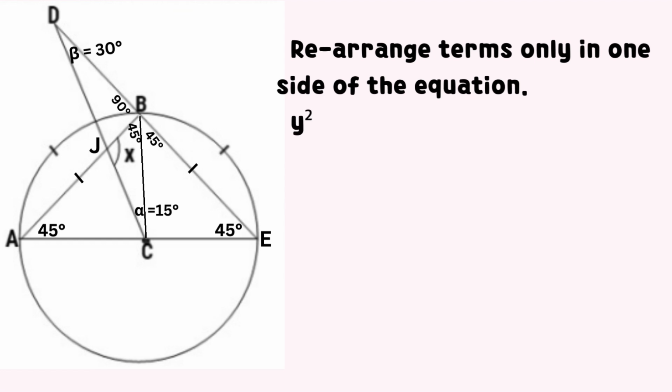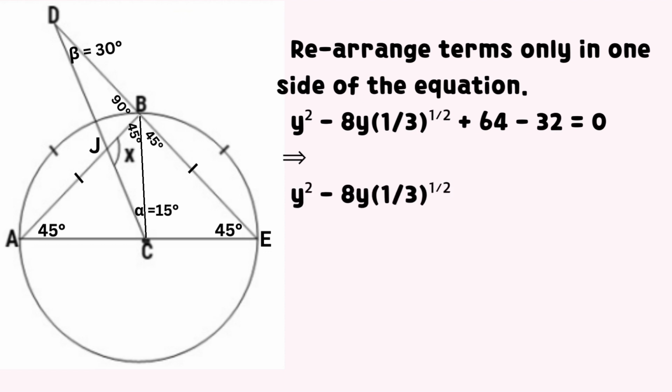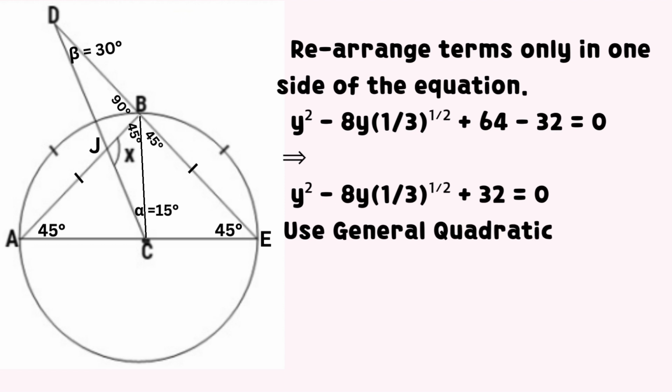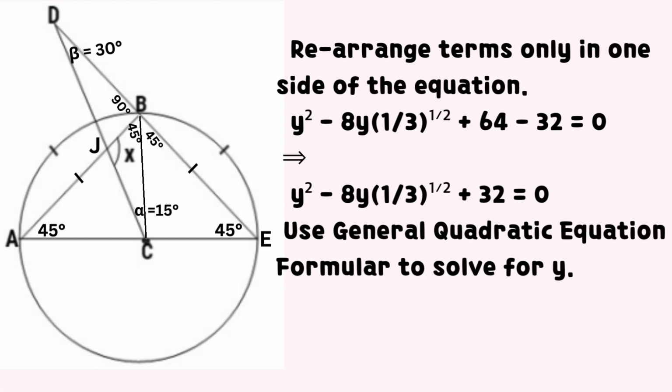Rearrange terms only in one side of the equation. We obtained an equation as shown on the screen. Use general quadratic equation formula to solve for y. That is, y equals negative b plus or minus the square root of b square, minus the product of 4 and a times c all divided by 2 times a.